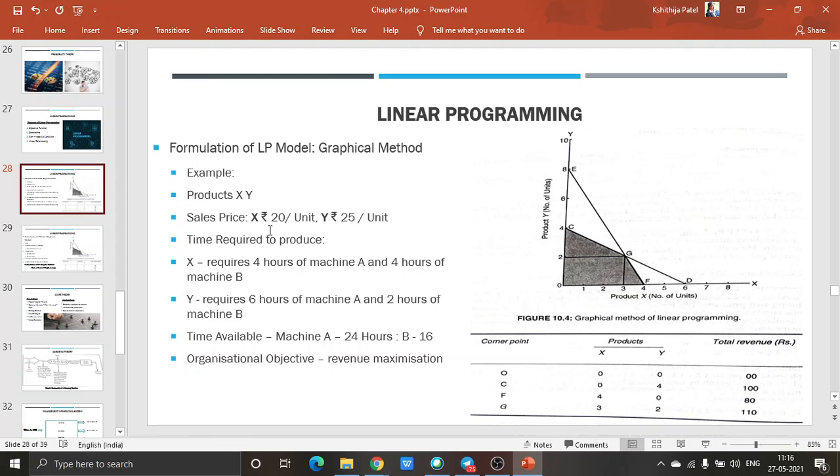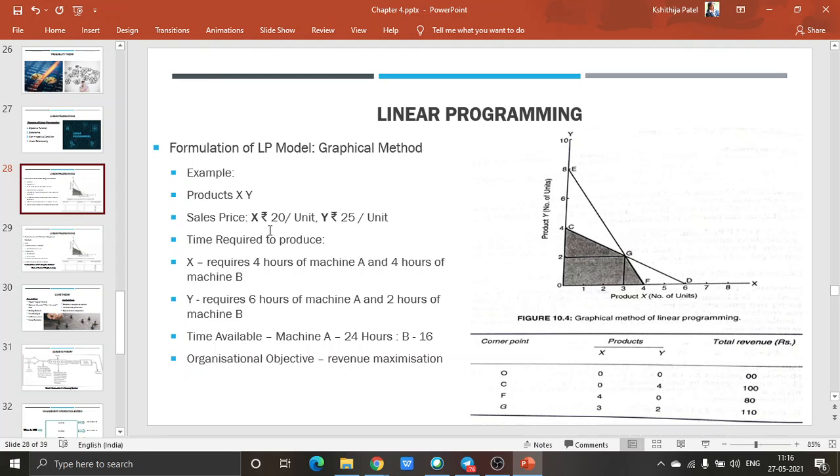Now, this limited time available on the two machines is to be distributed for producing the two products so that we can maximize the revenue. The time requirement of each product is also different.